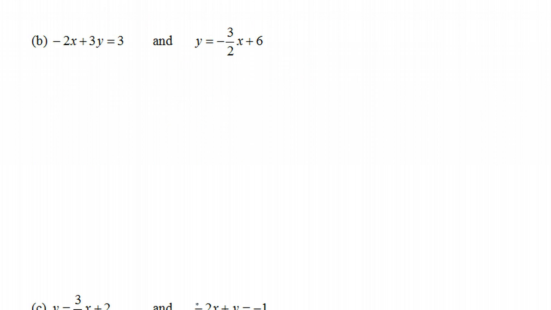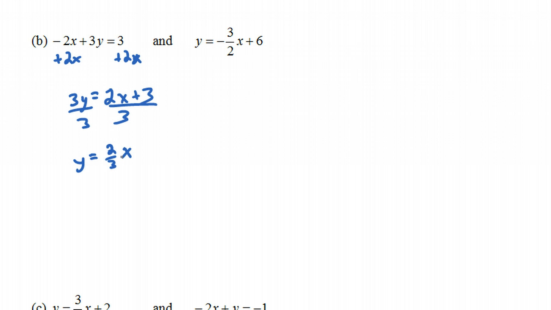In part B, we're going to do the same thing. Let's add 2x to both sides here. What we have is 3y is equal to 2x plus 3. Divide both sides by 3, and you get y is equal to 2/3 x, right? 2x over 3, which is the same thing as 2/3 x, plus 3 over 3, which is 1. And this line we have is already in the form y equals mx plus b.